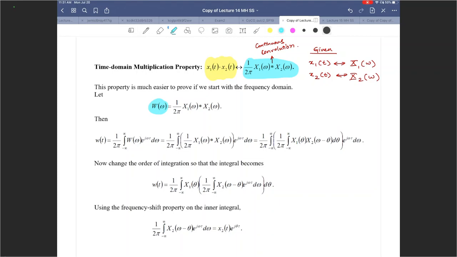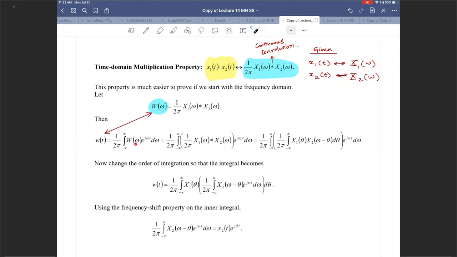So what is small w of t? That is essentially the inverse Fourier transform of capital W, which can be written using the definition of inverse Fourier transform as 1 divided by 2 pi integration over all omega capital W of omega e to the plus j omega t d omega. That's the definition of inverse Fourier transform.